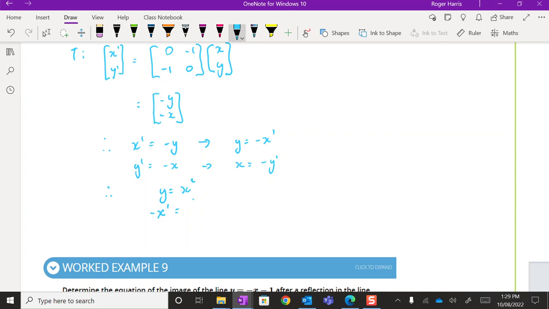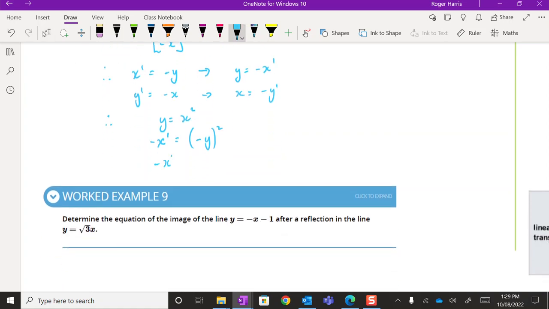For my x, I'm going to have -y dash squared. So that becomes -x dash equals y dash squared. What's happened there is you've got a quadratic equation, and the quadratic is just sideways, like this.